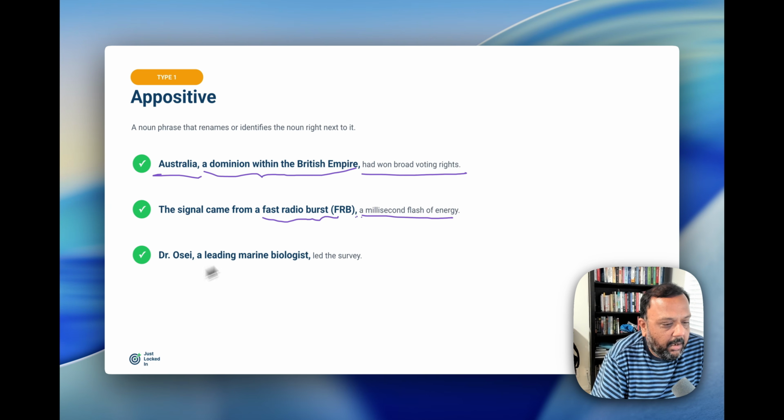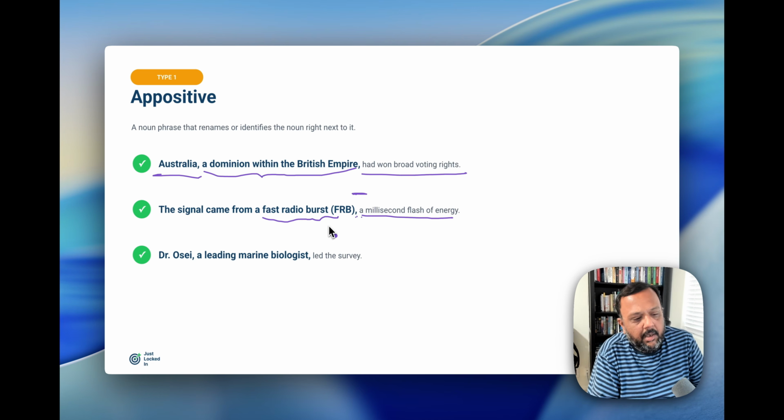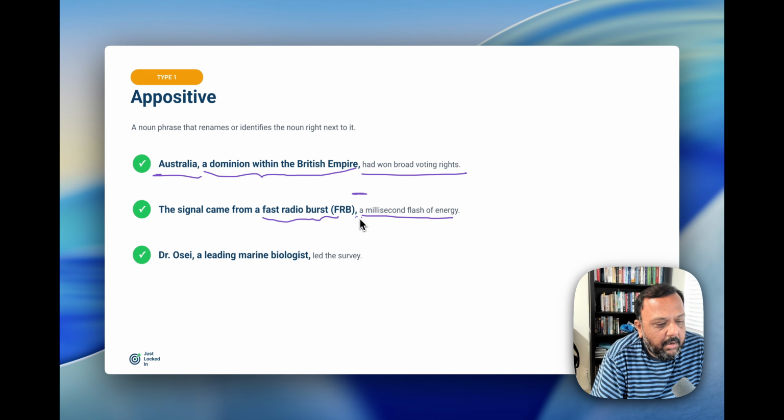You could also use a dash here, which would be similar to using a colon. But I would seriously avoid that, because when you use a comma, it describes the fast radio burst, so you're just talking about FRBs.